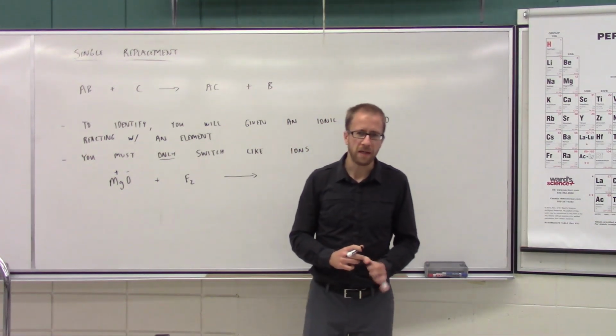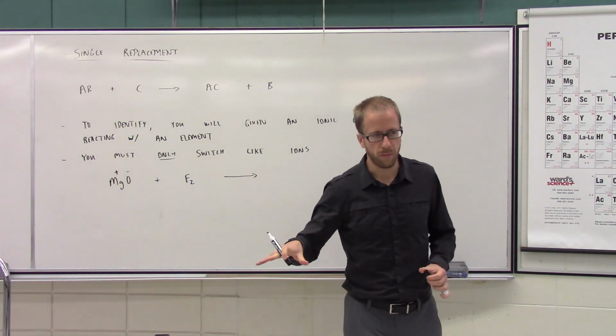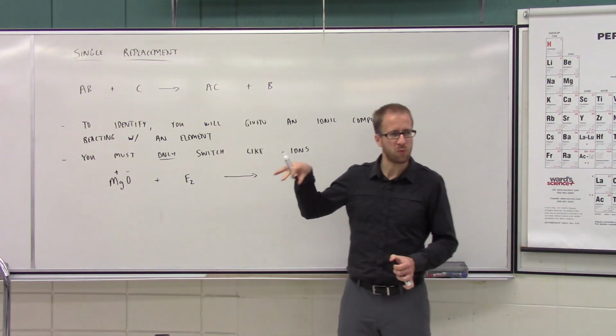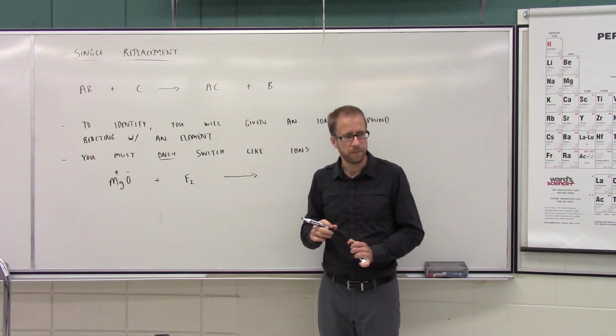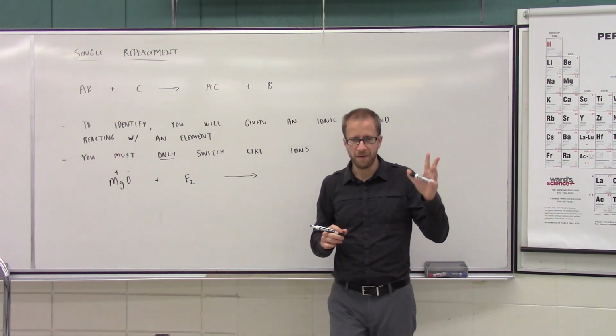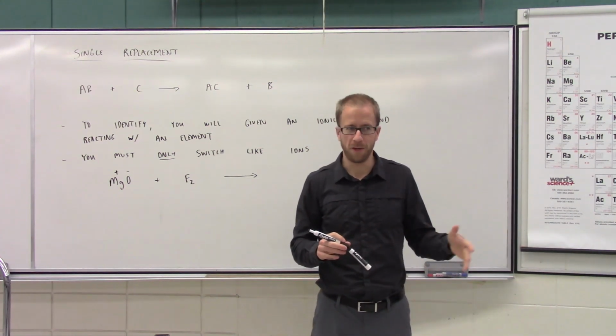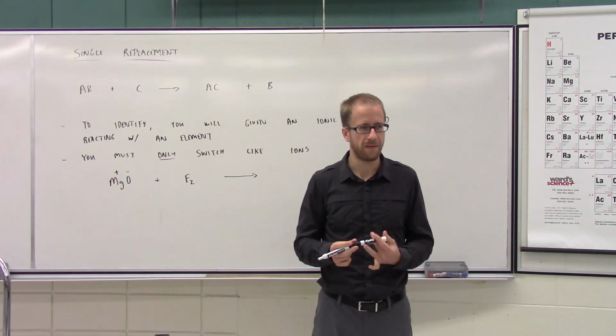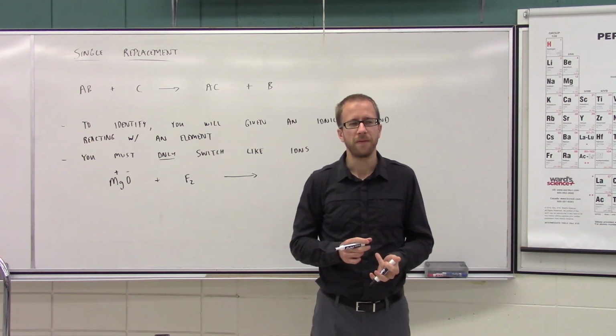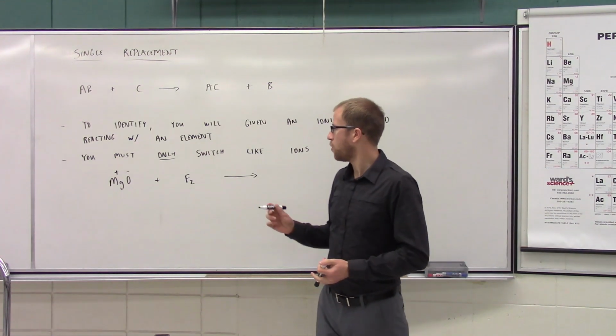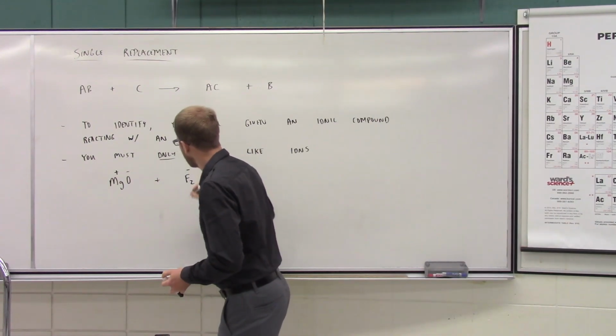When fluorine becomes an ion, fluoride ion, what charge will it carry? It's a halogen, has 7 valence electrons. What does it want to do? Gain one more, so what charge will it have? Negative, right? So fluorine has a negative charge.